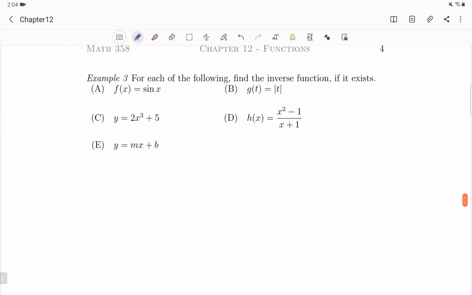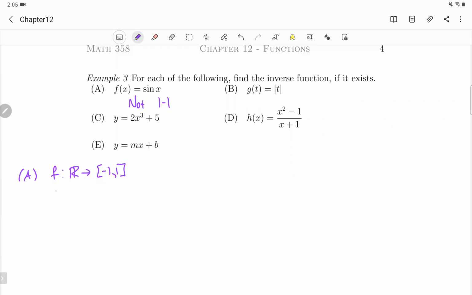That's our example A here. For each of the following, find the inverse function if it exists. Sine as is, it's not one-to-one. So technically there is no inverse function if I view sine as going from R, even if I view it going into [-1, 1] so it's onto, it still doesn't work, because it's not one-to-one.